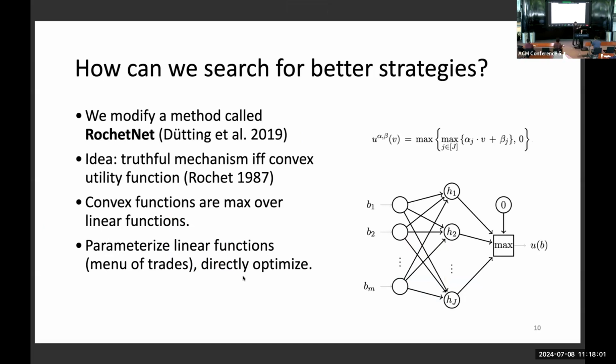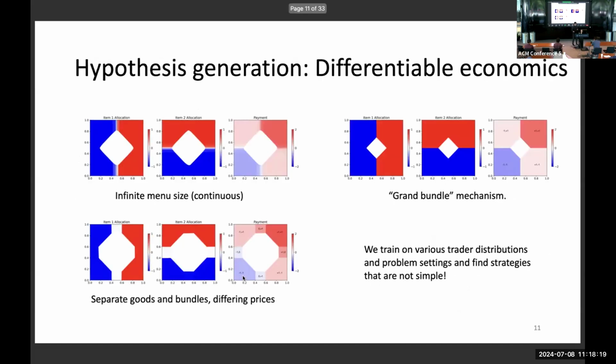If we can represent the convex functions as a maximization over lots of linear functions, we can parameterize those linear functions using a neural network and optimize that neural network directly. Therefore, we can optimize for the mechanism.